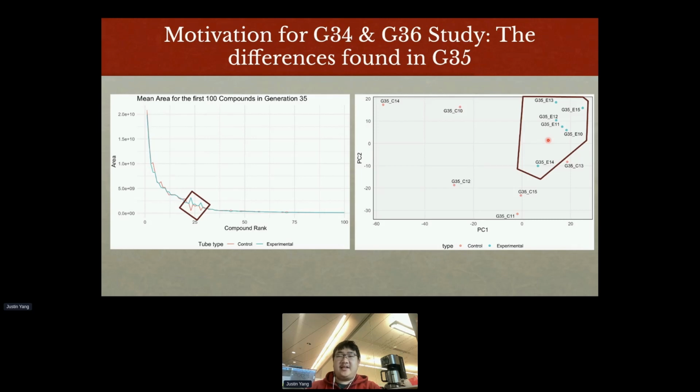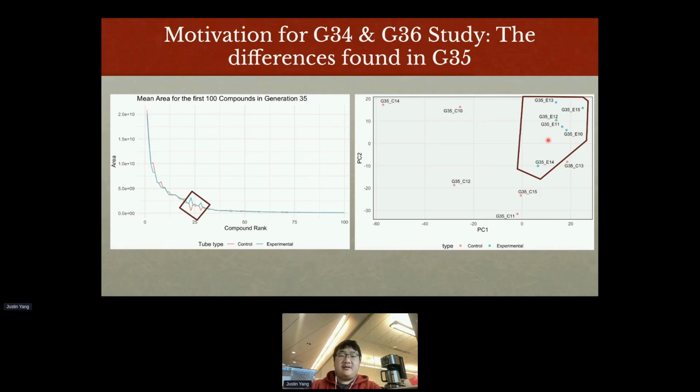The next thing we conducted was the compound by compound analysis for 34 and 36. And what we did is a two-sided t-test for every single identified compound.